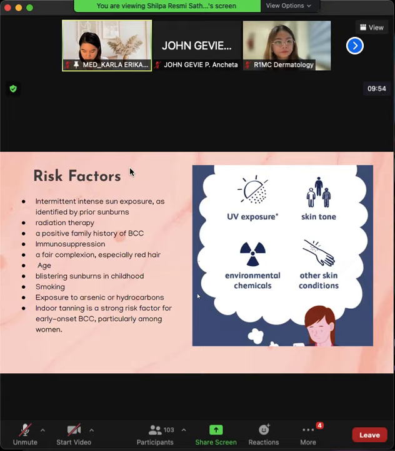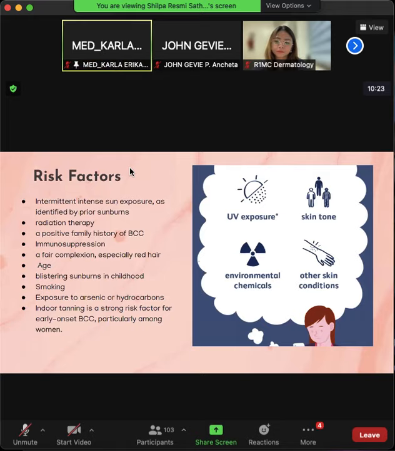So the risk factors that are included in BCCs: first is chronic sun exposure, that is intermittent sun exposure as identified by prior ones. So a lot of time spent in the sun or in commercial tanning beds increases the risk of BCCs. And the next is radiation therapy. So radiation therapy to treat acne or other skin conditions may increase the risk of BCC at the previous treatment sites on the skin.